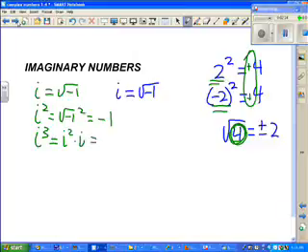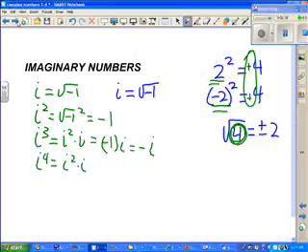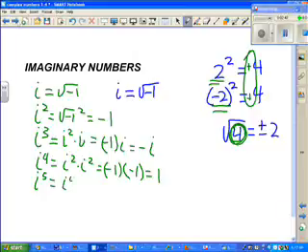Well, i squared we know is -1 times i, so this is -i. i to the 4th is i squared times i squared, which is -1 times -1, which is +1. i to the 5th is i to the 4th times i. We just found i to the 4th is +1, times i, we get i.